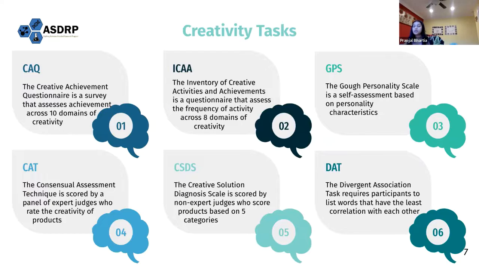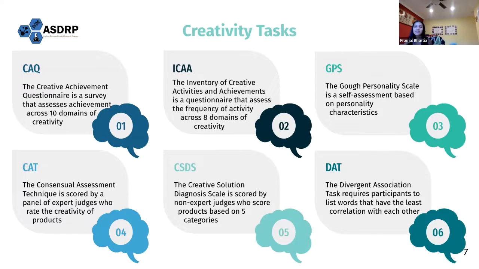For example, maybe a certain person in music has performed at a really prestigious symphony, then they would gain a lot of points for that. But maybe when it comes to writing, they haven't really accomplished much outside of the basics. So then they wouldn't receive as many points. According to your achievement in each of those domains of creativity, you gain more points. And this test is self-reported, and it's very easy to administer or score.